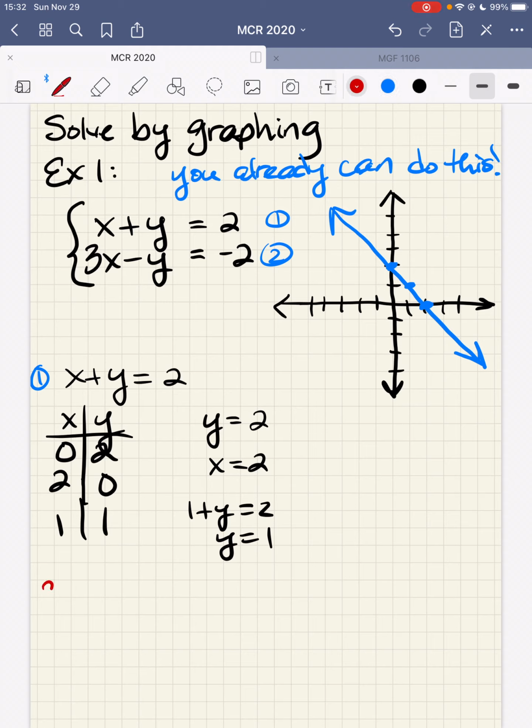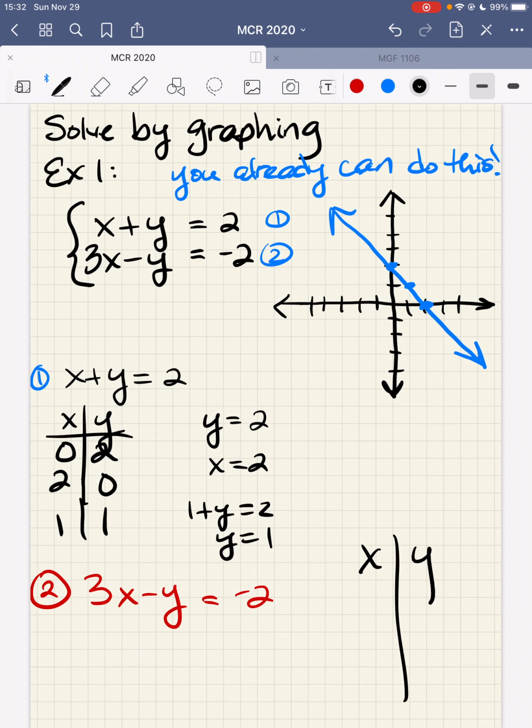Line 2 is 3x minus y is equal to negative 2. And then again, I'm going to do an xy table. You can use intercepts or not. That might not be the best choice for both of these, given that you don't want to try to graph a fraction.